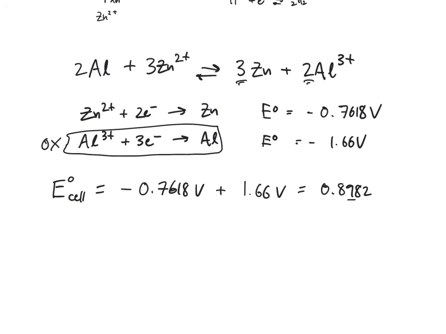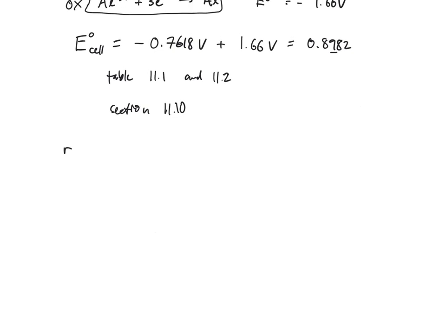Just a reminder, all these half potentials can be found at table 11.1 and 11.2 in the appendix in the back of the book. And in section 11.10, they actually list a number of different metals in order of most strongly reducing to most strongly oxidizing. So I'm just going to make a couple of interesting comments about this.